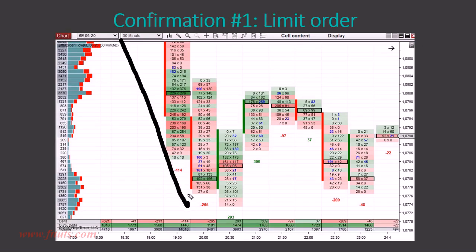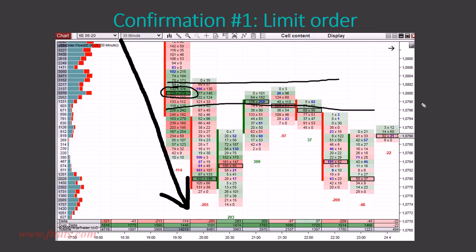There was a strong selling in here, and if you look at this place, there was a heavy volume node. So we can say that this area was a resistance zone. Not particularly a strong resistance zone, but let's say that you want to participate in a downtrend and you are waiting for some confirmation in this resistance area.